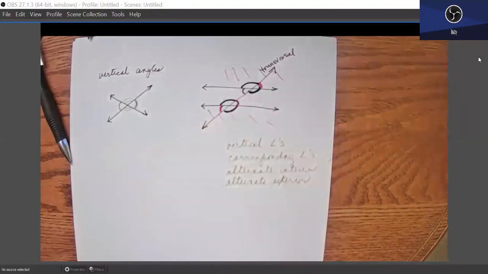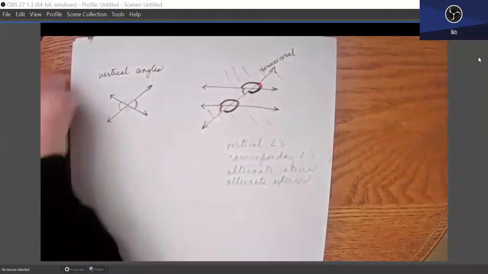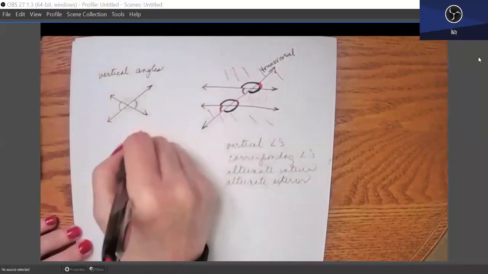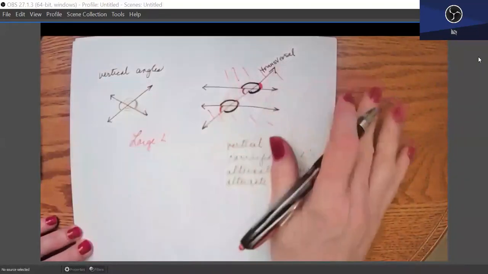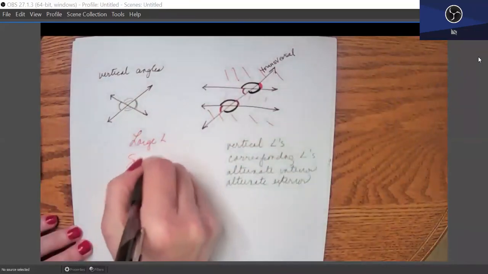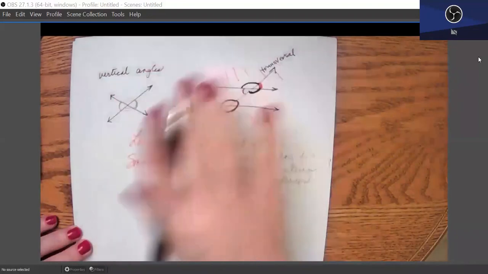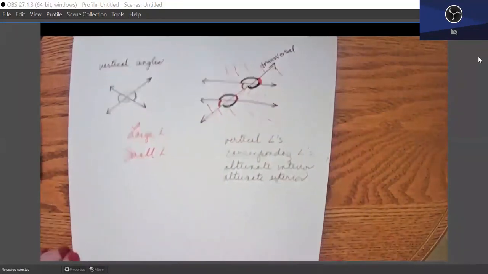So when you have parallel lines cut by a transversal, you can think of it this way, unless they're absolute right angles: there is a large angle that's created, and they are all the same measure as each other. And there's a small angle that's created, and they are all the same measure as each other.